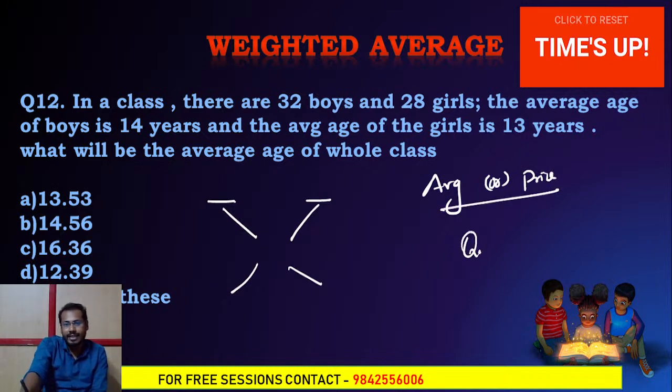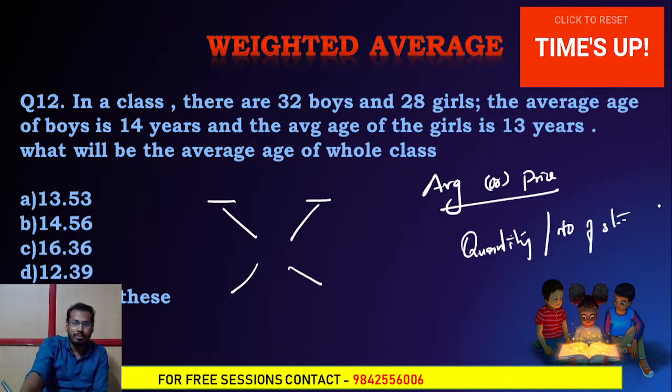The quantity or number of students, number of persons, should be written in the bottom. Price means for 1 kg or 1 liter, 1 hour, how many kilometers traveled. One person's weight, one person's age, that's what you write in the top. How many persons, how many kg, how many liters, how many kilometers per hour, those should be written in the bottom.